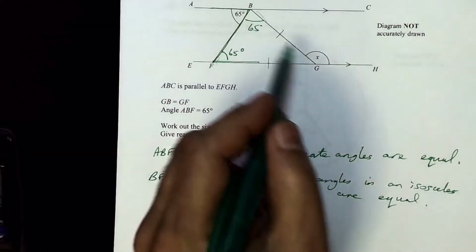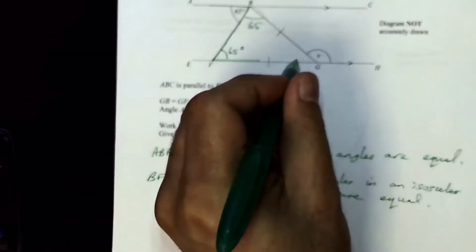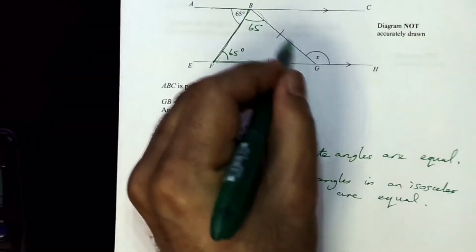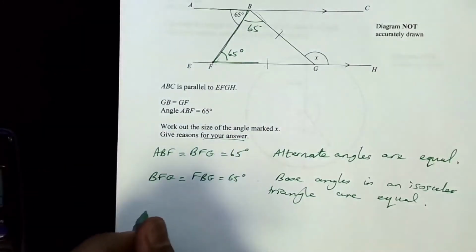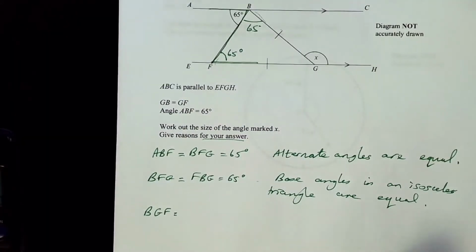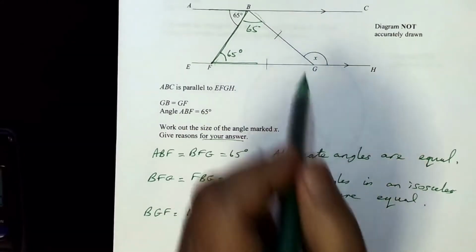So now we've got that. For the third step, I'm going to look at the triangle. If I now look at this angle BGF, BGF is equal to 180, since angles in a triangle add up to 180 degrees.